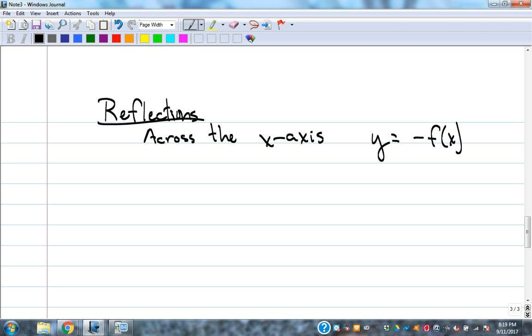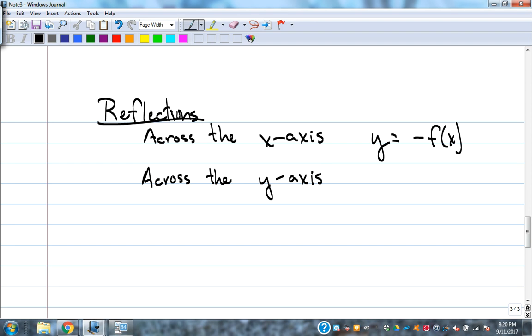Now, normally you'll see a number with that, like a -2 or something like that, and that's a combination of a reflection and then a stretch together. If it's just the negative, it's just a reflection across the x-axis. So that's vertically how it reflects. The other way would be across the y-axis.